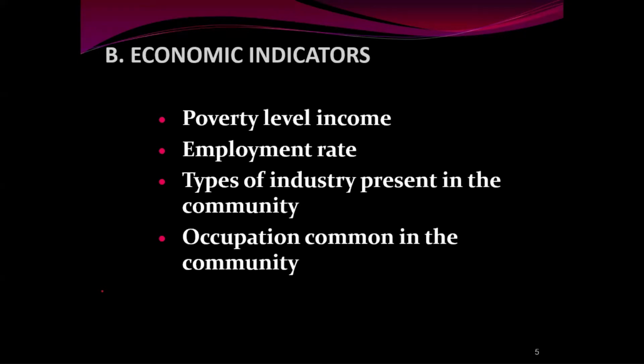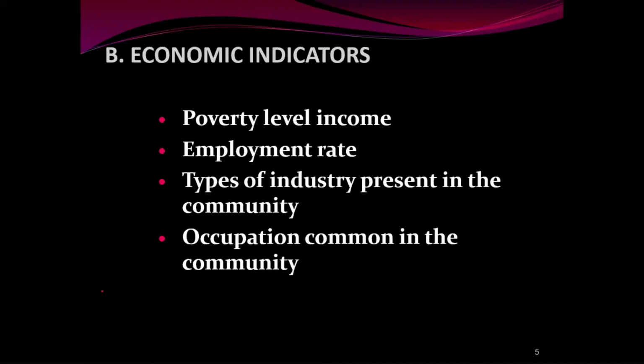Employment rate: if there is a low employment rate, definitely it needs attention on how to reduce the unemployment rate, and if the unemployment rate is reduced, then the quality of life in the community improves.